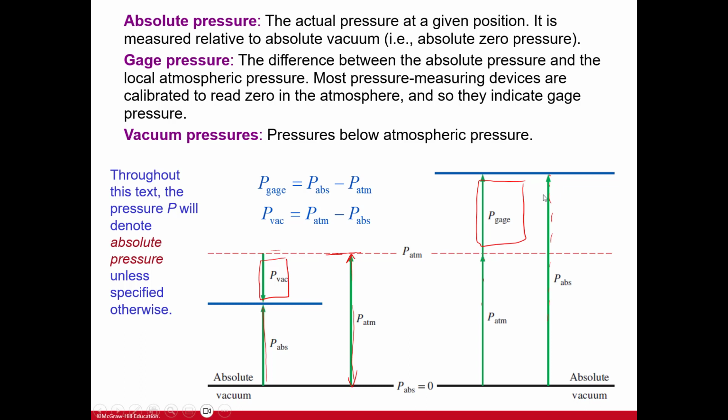So most of these devices are going to start here and give you a 0, and what they're measuring is a gauge pressure. And then the really fancy ones will also measure this vacuum as well.